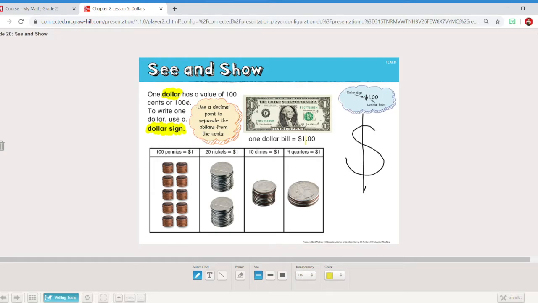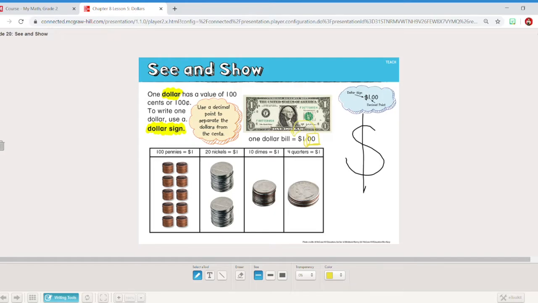There's another thing I notice here that I want to highlight for you guys. Between the dollar and the cents, they have what's called a decimal point. So I'm going to circle the decimal point. The decimal point shows you have part of a whole. You have a part of a dollar. You're not quite there yet.